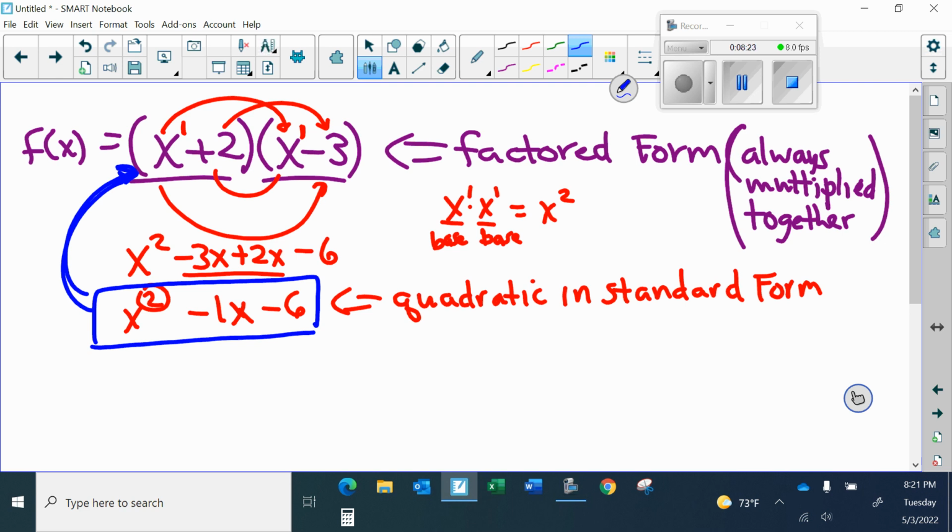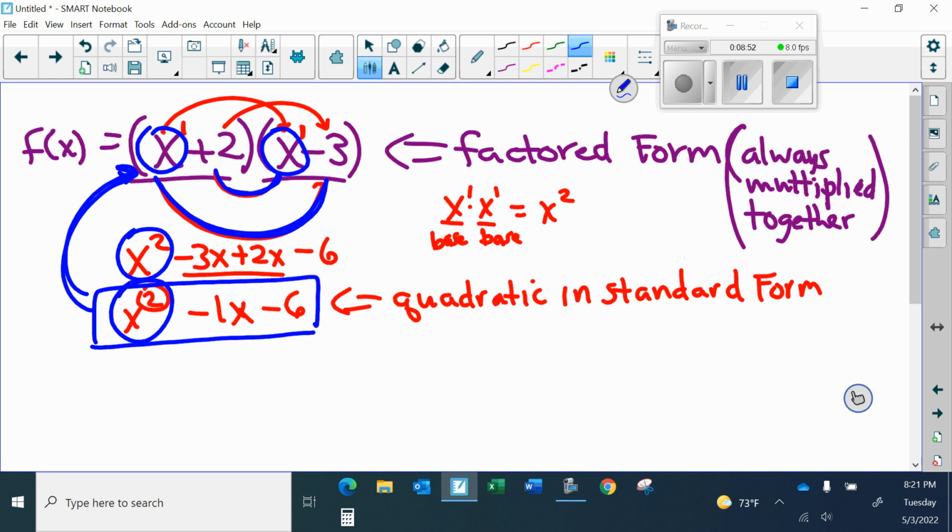Now let's try some. And notice I put these two smiley faces here. Okay, key thing to know: this first term times this first term, whatever's in the first terms of each of the binomials, has to multiply to the first term in your answer right here. The two last terms, or second terms of each binomial, 2 times negative 3, will always multiply to the last one.